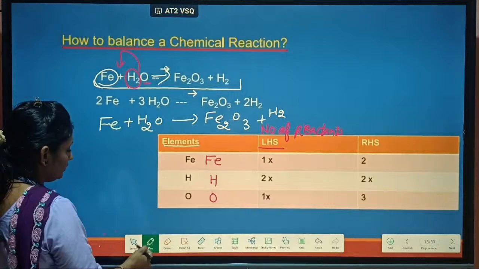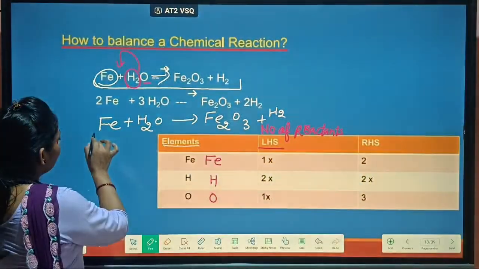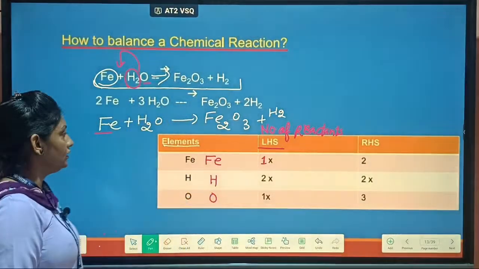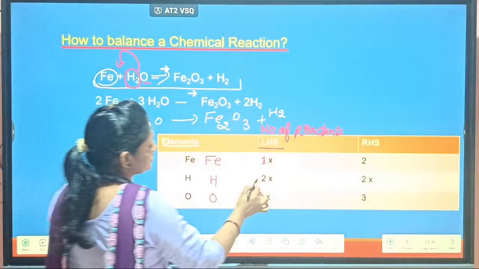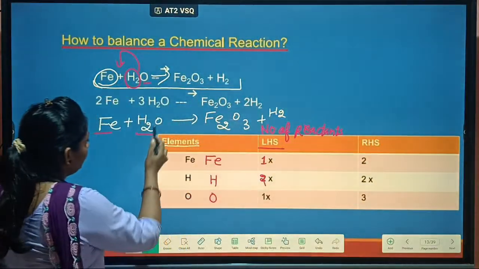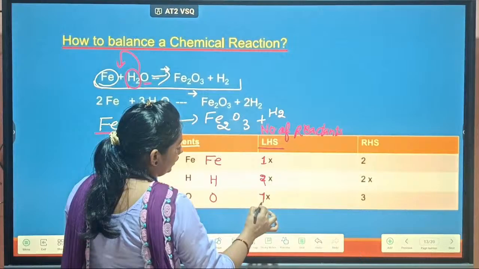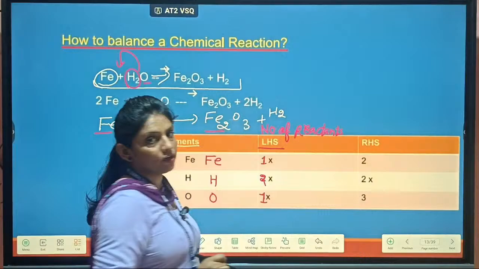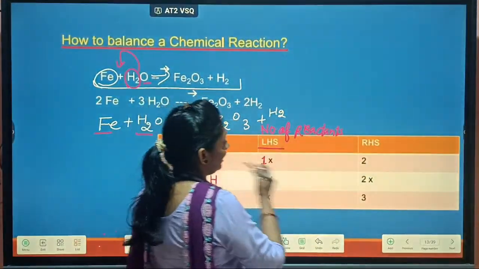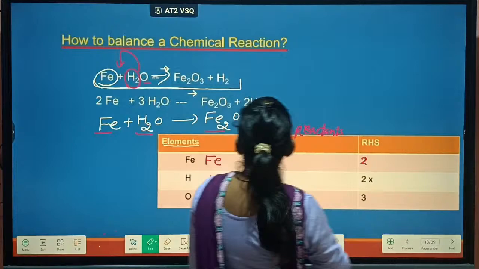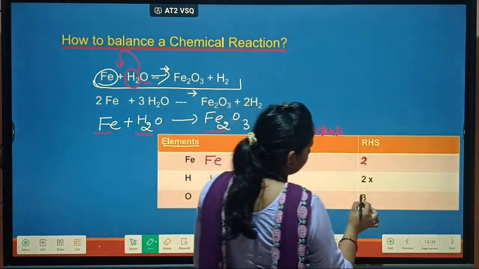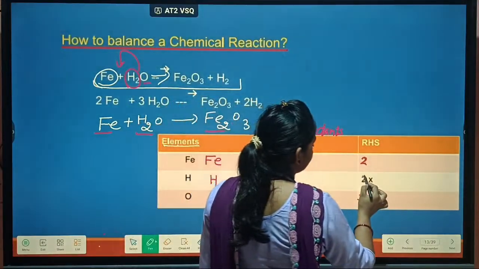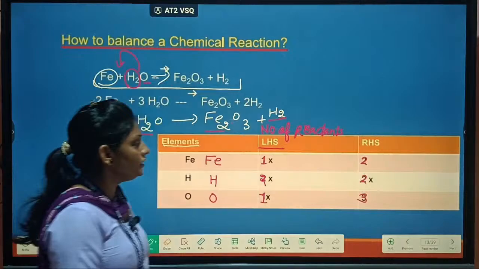So students, you can see here one iron in the reactant side, two hydrogens and one oxygen. You will write the number of elements in the product side also. Here iron 2, in the product side oxygen 3 and hydrogen 2.